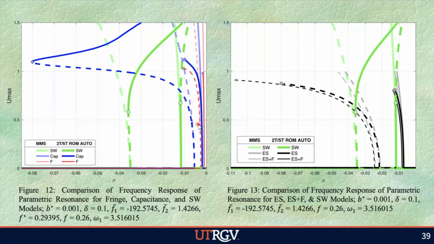By looking at this plot, we can see a rather noticeable trend, which is that as more fringe contributions are considered and the models become more refined, the response shifts towards lower frequencies and has a wider resonant zone. This means that as the frequency is swept up, a response is generated sooner with the SOLIDWORKS model than with either the fringe or capacitance models.